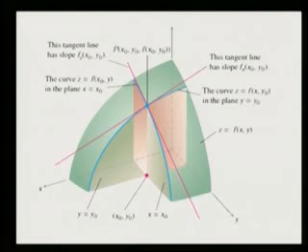Now both pictures are together in this figure. Here one plane is y equal to y0 and another plane is x equal to x0. These two planes are perpendicular to each other. You can see one blue curve is this and another blue curve is this, and these two are tangent at these two points. So the partial derivative of this surface with respect to x at x0, y0 is the slope of this tangent line.